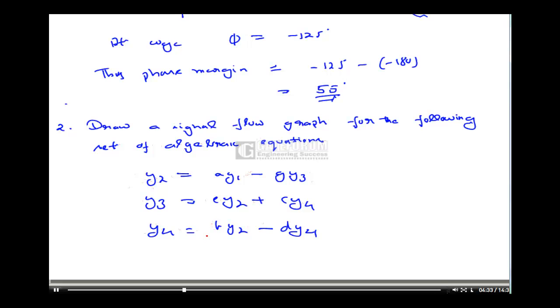I have to first draw the signal flow graph, then after drawing it, find y2 by y1 and y3 by y1. This is a subjective type question asked in GATE 1998.